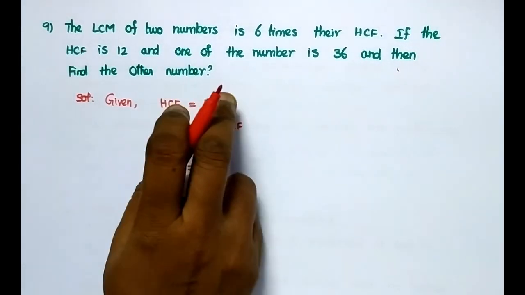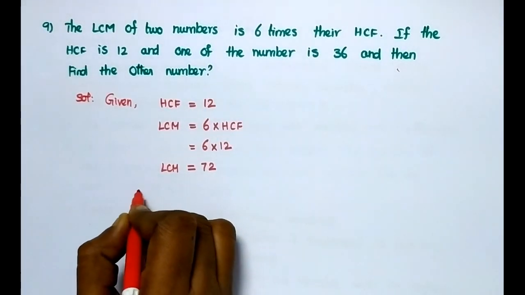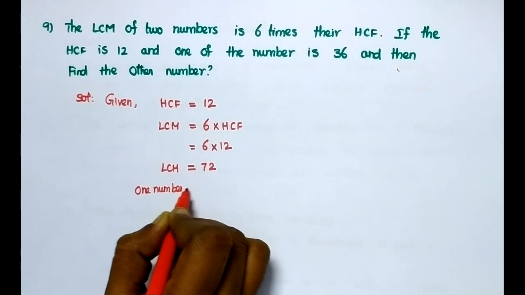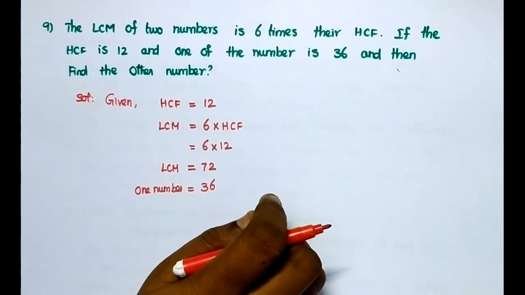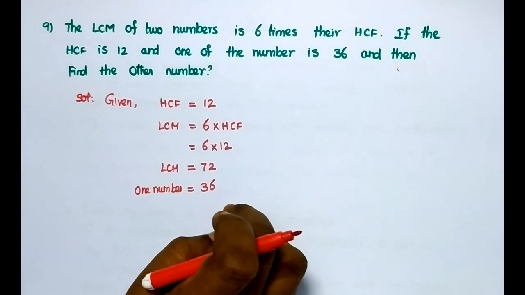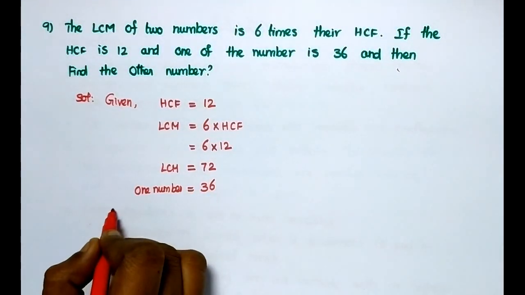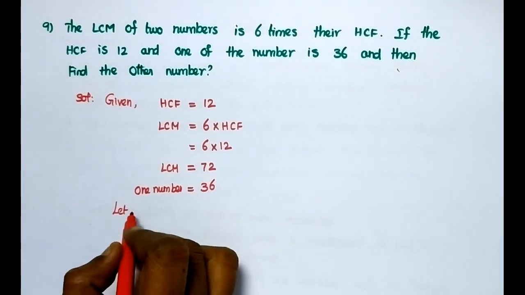One more clue is there. One of the number is 36. So one number equal to 36. These are the clues they given. Now we want to find out the other number, that is unknown number.